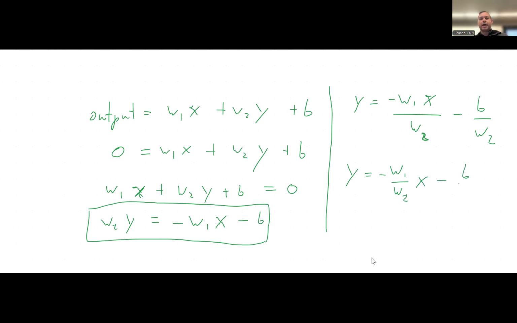And it just shows that it has, plus, minus, doesn't matter, but it just has that basic form of a line.